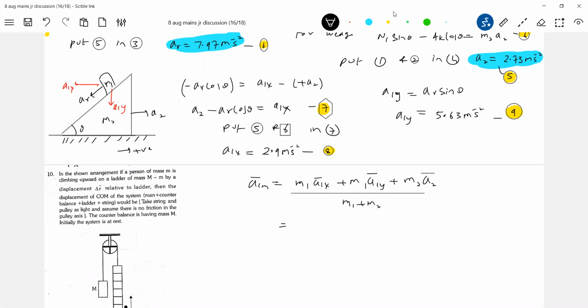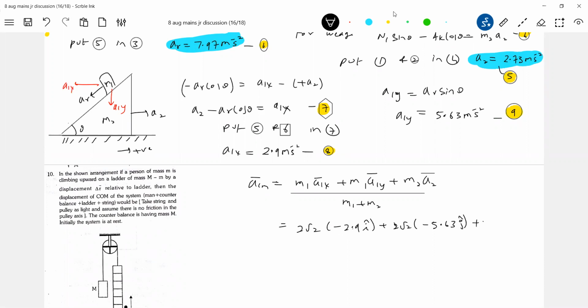So M1 value 2 root 2, A1x 2.9. In what direction is it? It is towards left, no? We have it in the diagram. So minus, and A1y is minus 5.63 J. M2 is how much?